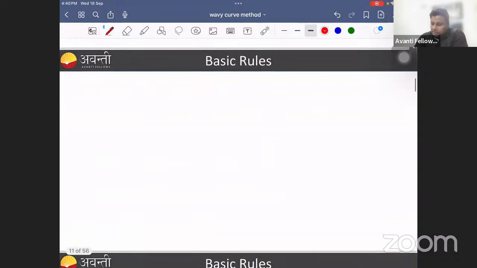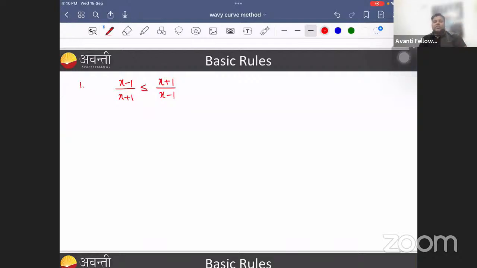Now, whatever question I write, I will wait for 2-3 minutes for you guys to attempt it, and then I will discuss it. See, question number 1 is (x minus 1) upon (x plus 1) less than or equal to (x plus 1) upon (x minus 1). Solve for x quickly.